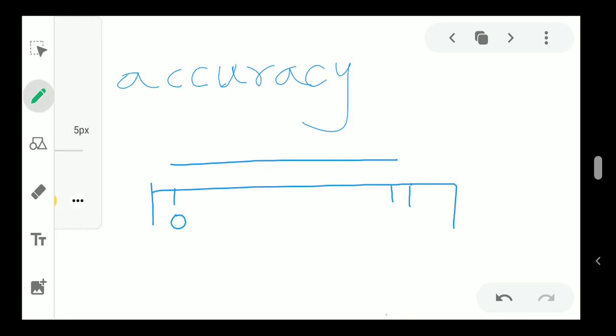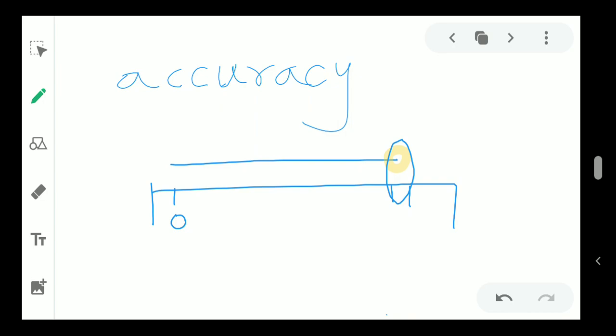The end, like this end I'm talking about, let's say this end is in the middle of two measuring lines, but you cannot say the actual data here, right?